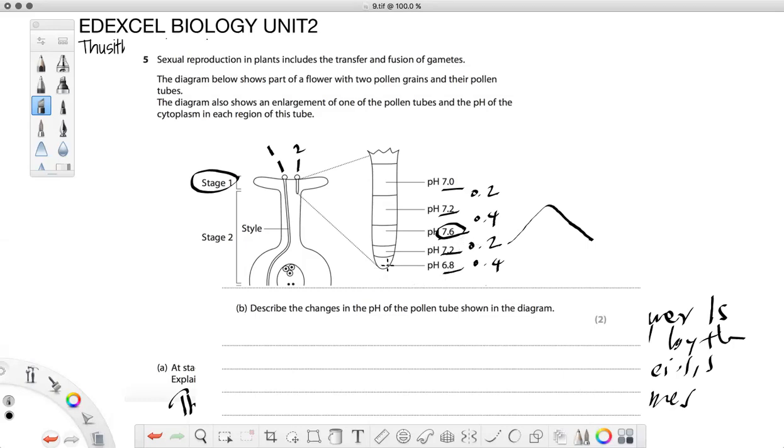So the tip of the cytoplasm has 6.8. We can also add the greatest increase is from 7.2 to 7.6 and the greatest decrease is from 7.2 to 6.8.